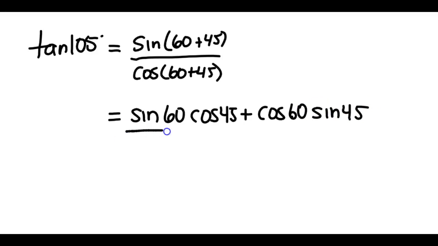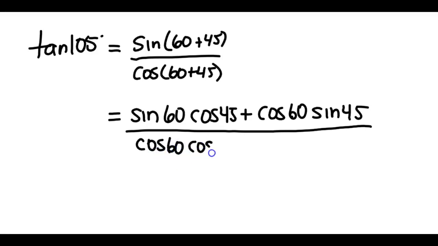And then our bottom would be when we use the cos sum identity. We're using the plus one, so it has a minus in between. So you're going cos 60 cos 45 minus sine 60 sine 45. All I did was follow those identities and put 60 and 45 in them.